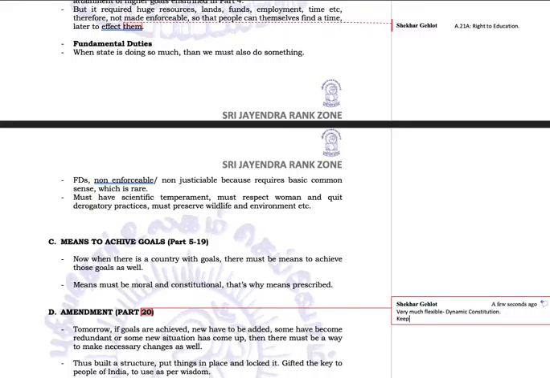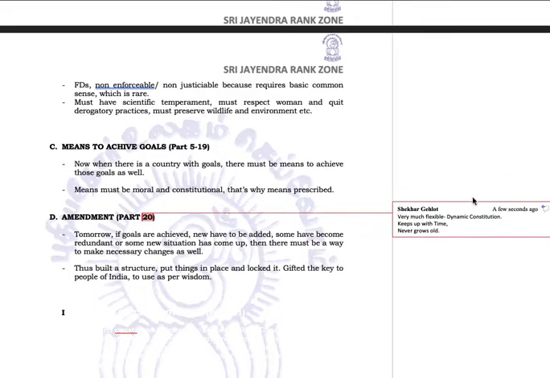It keeps up with the time, never grows old. Our constitution is forever young. It always keeps track of the time. It's a very dynamic constitution. A dynamic constitution means one which changes with the time. It is not a rigid and dead document which has lost its relevance.